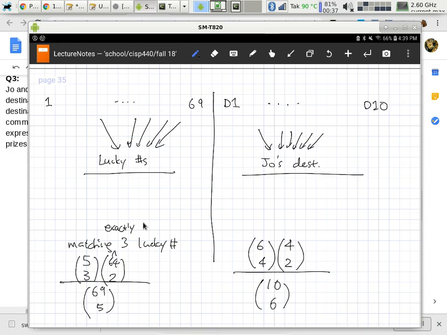Because without knowing what Joe has chosen, Pat can randomly choose some stuff, right? So we are basically counting how many ways Pat can choose exactly 4 of the destinations that Joe has already chosen.